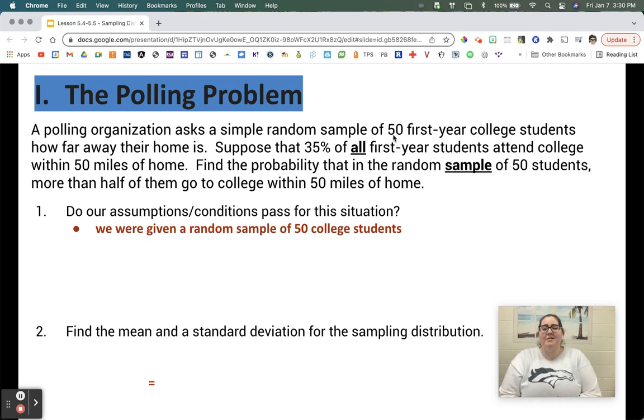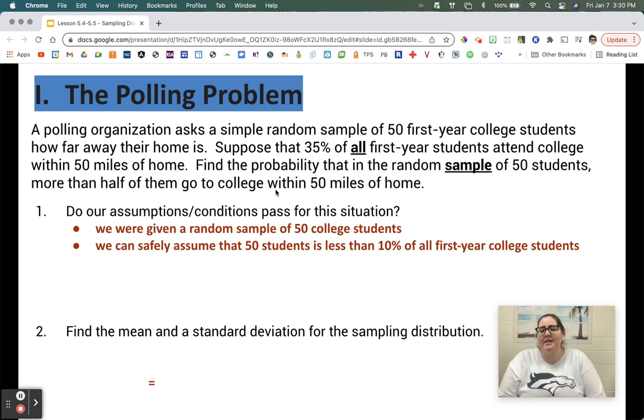Here, our population is all the first-year students at the college. As long as it's at least 10 times the sample, so 500 first-year students, that's probably true. Colleges are usually pretty big. So I can say we safely assume that 50 students is less than 10% of all first-year college students.